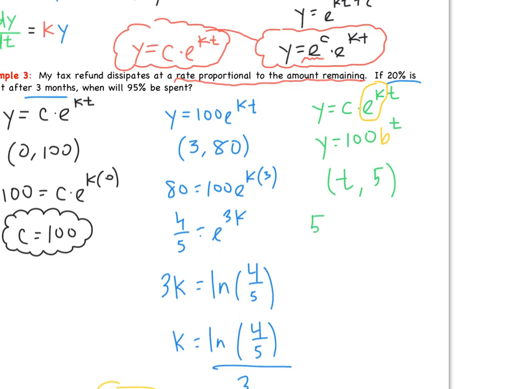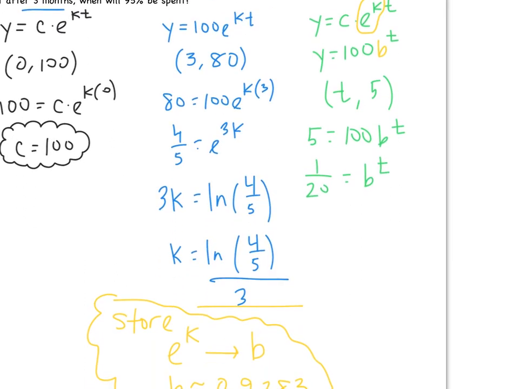So 5 is equal to 100 b to the t, divide by 100, 1 over 20 is equal to b to the t, ln both sides. All right, so ln of 1 over 20 equals t ln of b.